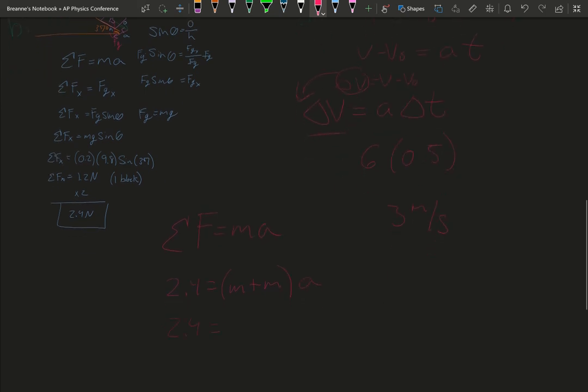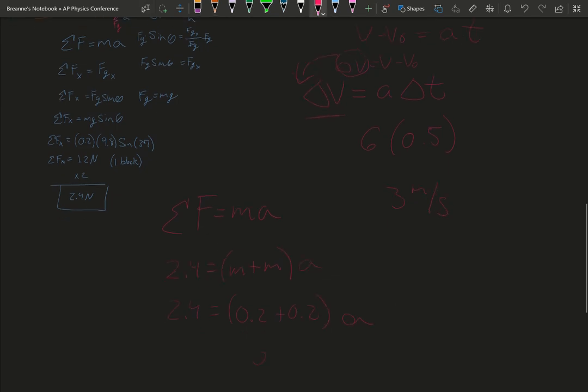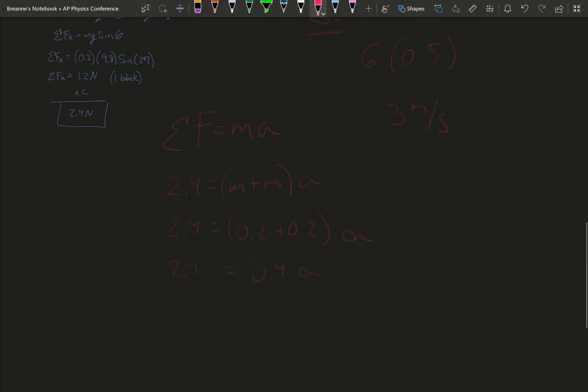So 2.4 equals 0.2 plus 0.2 times A. So that gives you 0.4A equals 2.4. Divide. So 2.4 divided by 0.4 gives you 6. There we go.